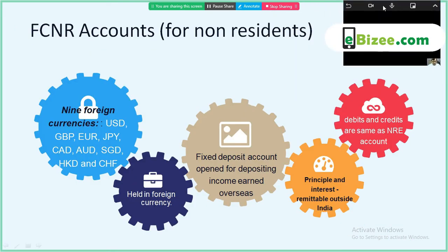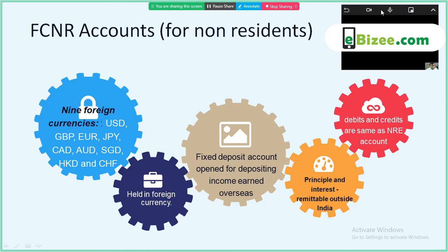Now let us first discuss what is FCNR account, which is meant for non-residents. So basically this account is not the type of account which we generally know in India. Basically these are fixed deposit accounts. So money can only come in the form of fixed deposits.